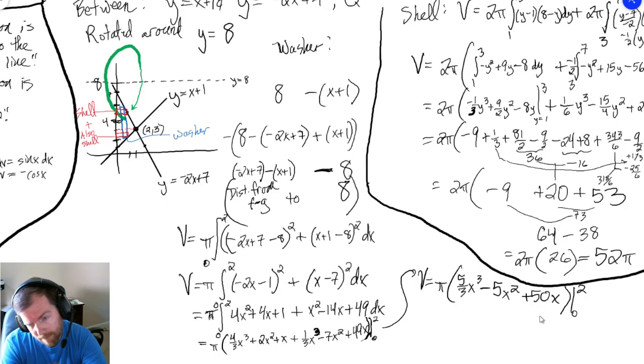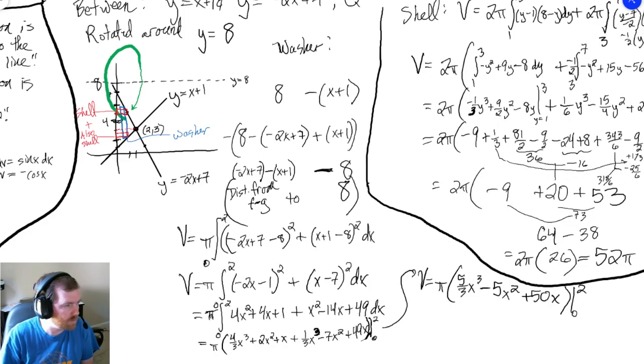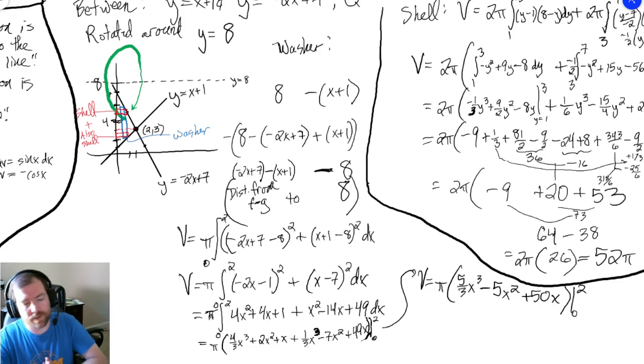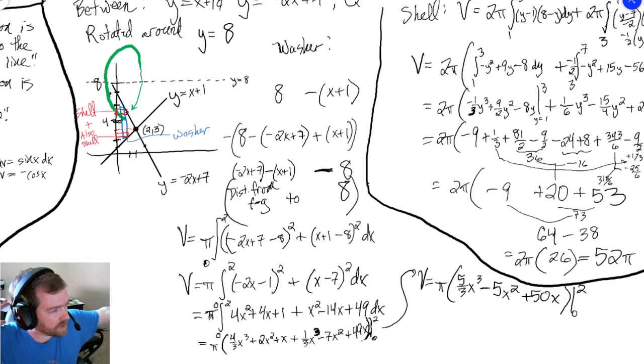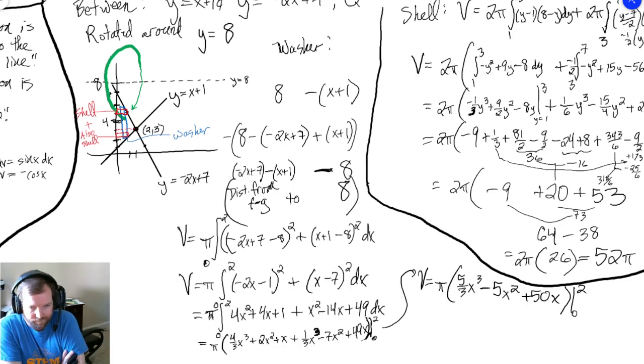That doesn't look promising. 280 divided by 3 times pi, which is again not right. Oh man, what am I doing?